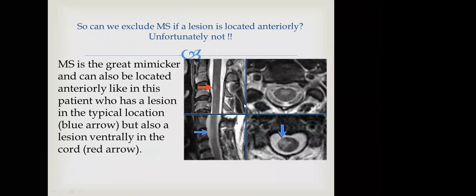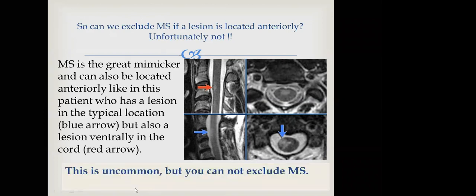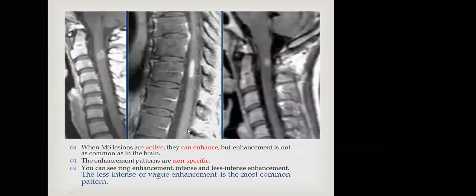Unfortunately, no, we cannot exclude MS if it is an isolated anterior lesion. This is the classical one in the posterior and lateral cord, while here you see the lesion exclusively in the anterior part of the cross section. This presentation is uncommon, but you cannot exclude multiple sclerosis in this case.